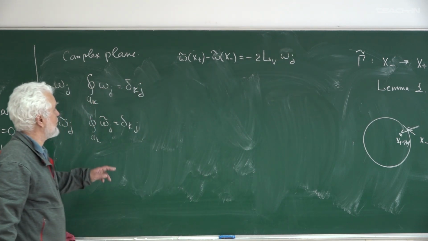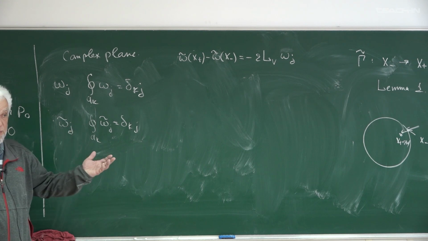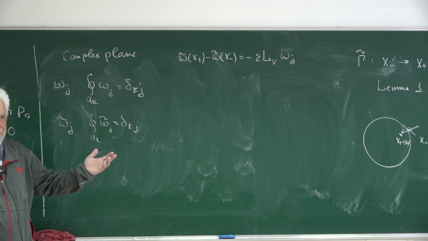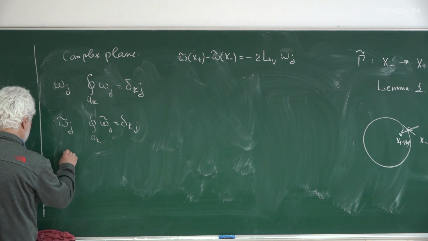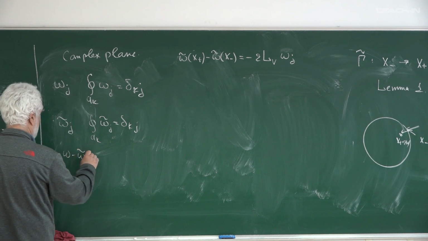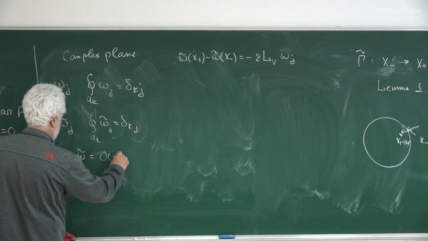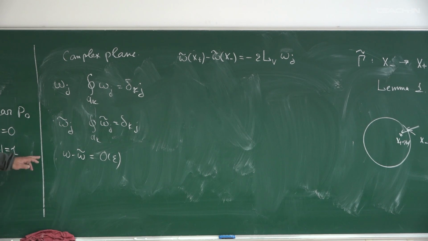You see, the difference between omega and omega tilde is of order epsilon. You agree? You have a small infinitesimal deformation of complex structure, so you have an infinitesimal deformation of all objects.